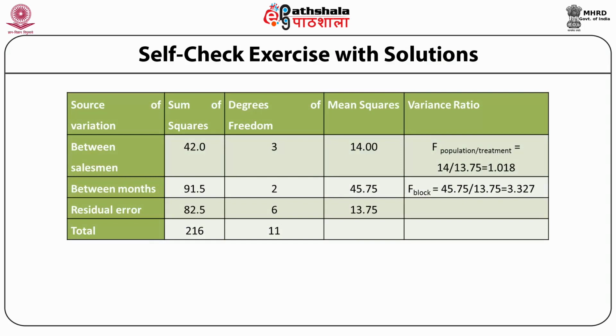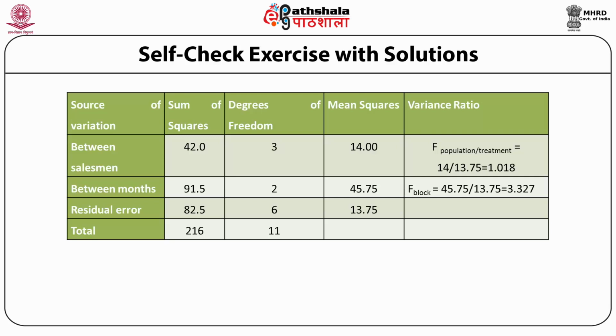Now, between salesmen, the sum of squares has come out to be 42, degrees of freedom is 3, and MSTR, the mean square, is coming out to be 14. Then between months, or within rows, the sum of squares is 91.5, and degrees of freedom is 2.